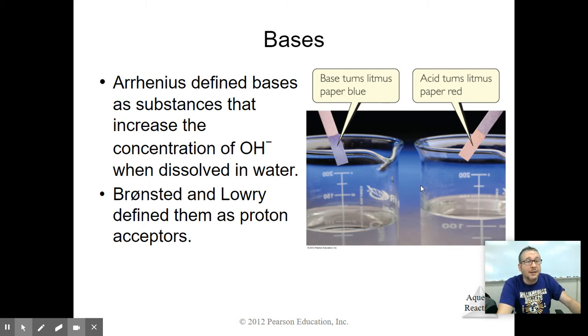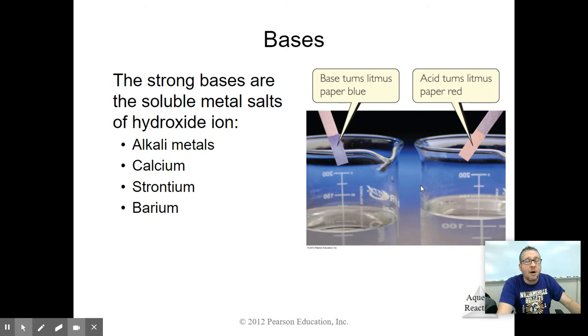In litmus paper tests, you may have done this a long time ago, bases turn litmus paper blue, acids turn it red. And there are about 8 strong bases. They're soluble metal salts of hydroxide ions that have alkali metals as well as calcium, strontium, and barium.